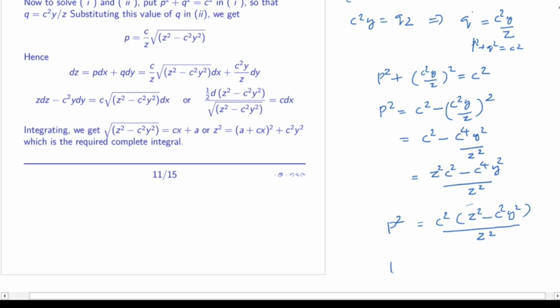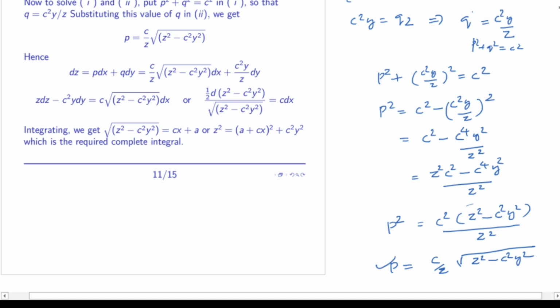Now p is equal to c by z into square root of z square minus c square y square.